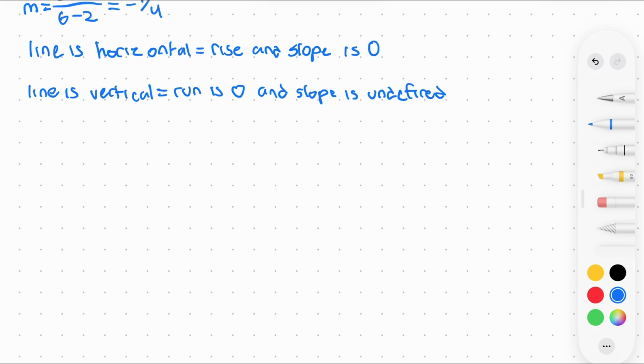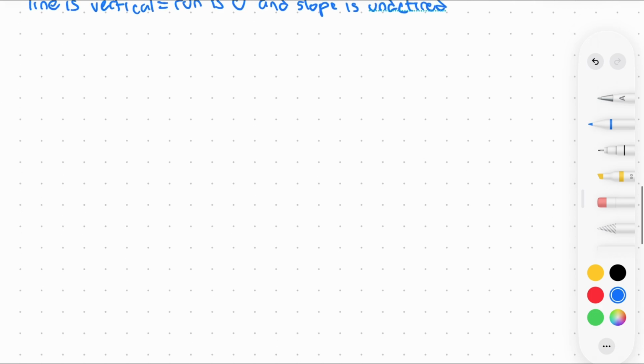Let's practice with a few examples. Suppose we have 2 points, (1, 2) and (4, 6). Like we did in the first example, the first step is to label the first point, which is x1 equals 1 and y1 equals 2.